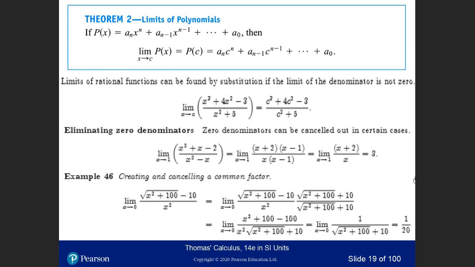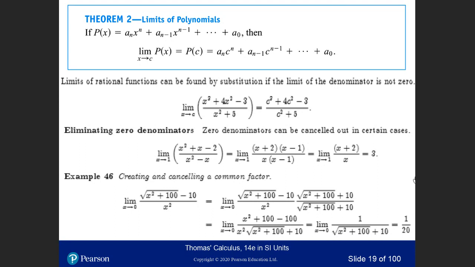Okay, now we have the square root of x squared plus 100, minus 10, divided by x squared, and you are looking at the limit as x approaches 0.